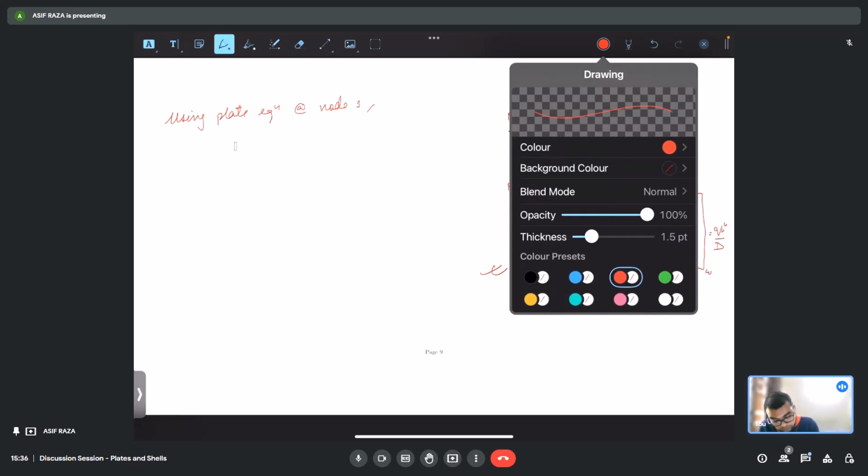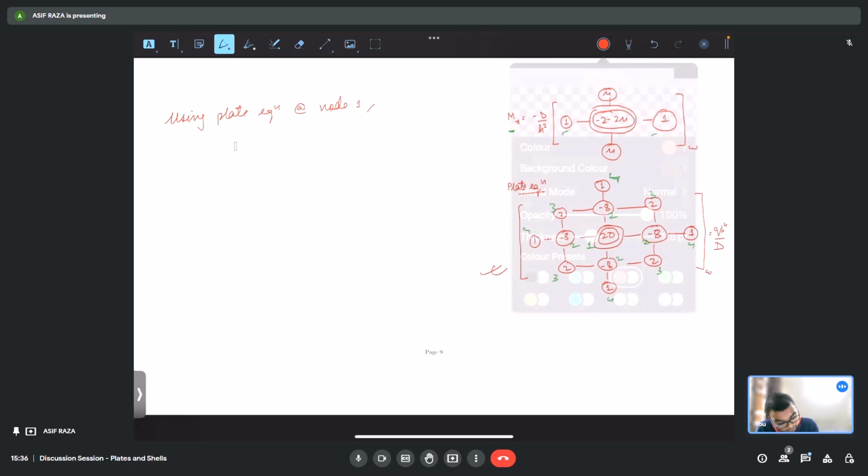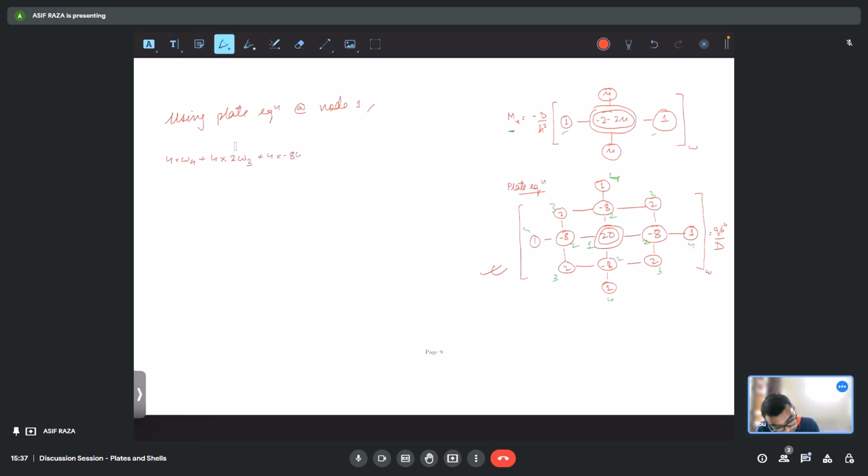So the value will come out to be, how many 4? 4 into w4 plus 4 into w4, w3 is 4 into 2w3 plus 4 into minus 8w2 plus 20w1 into 20w1 is equal to Q.